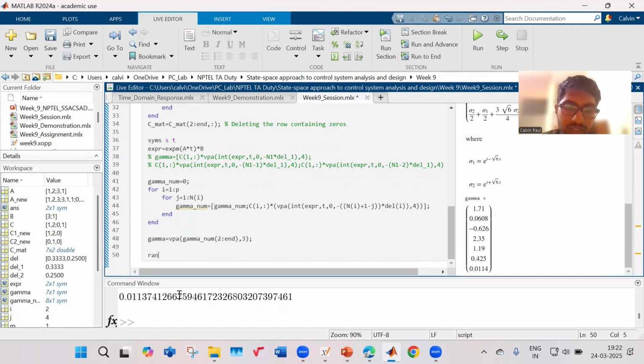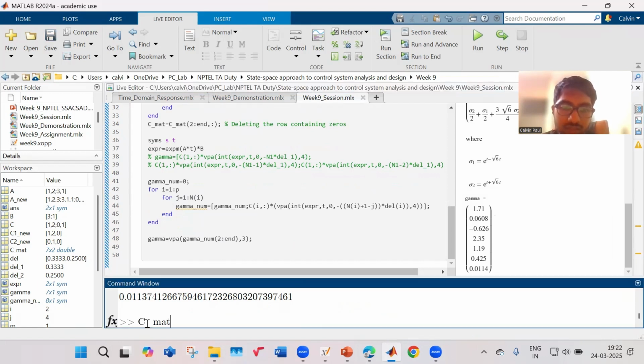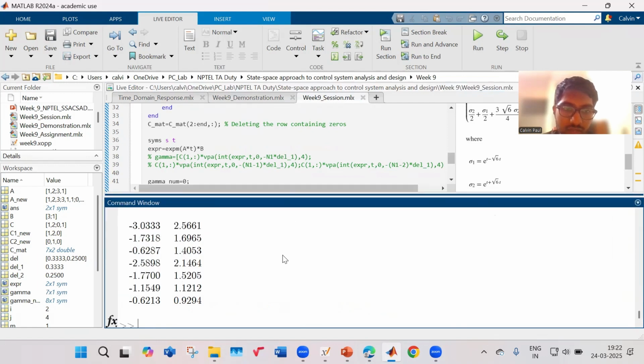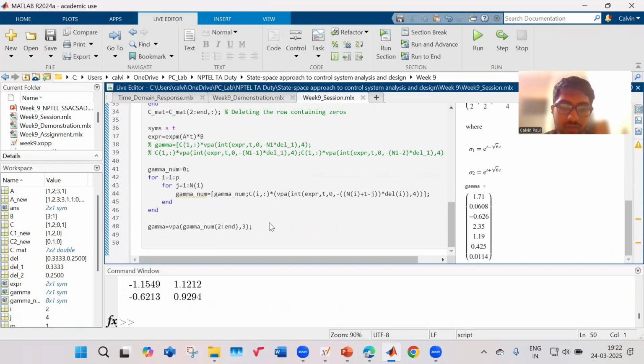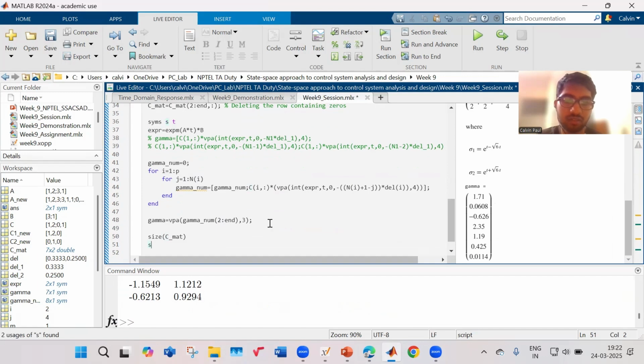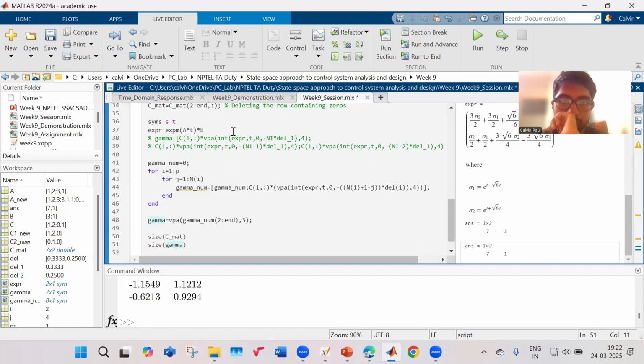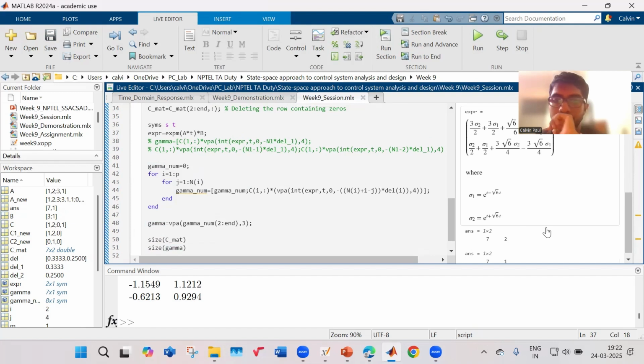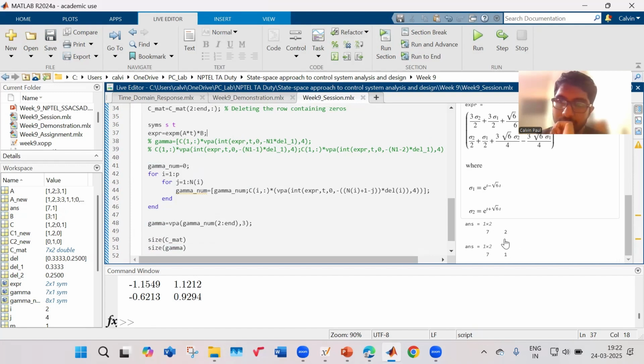So what is our C matrix? This is our C matrix. Let us do size C matrix, size and gamma. So let us run it. C matrix is 7, 2 and gamma is 7. So 7 goes to column, 7 goes on column.